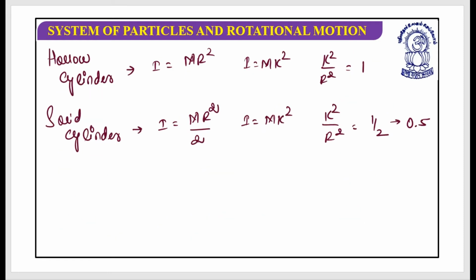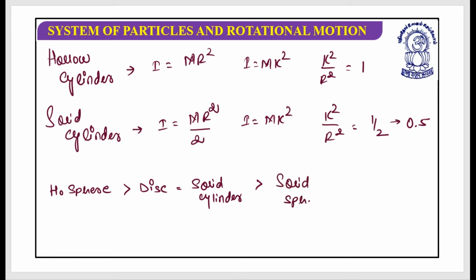So this is k square by r square. It's a hollow sphere. Then it would be 0.5, which is with the disk as well as the solid cylinder. Then I would have 0.66, it's a solid sphere. Who would be the next?